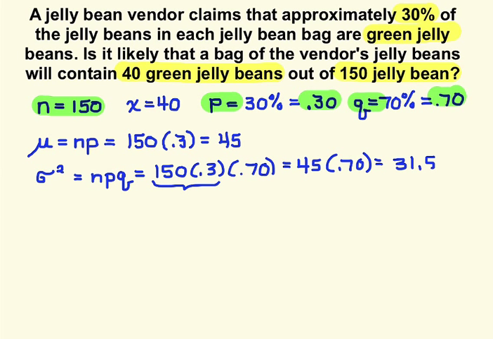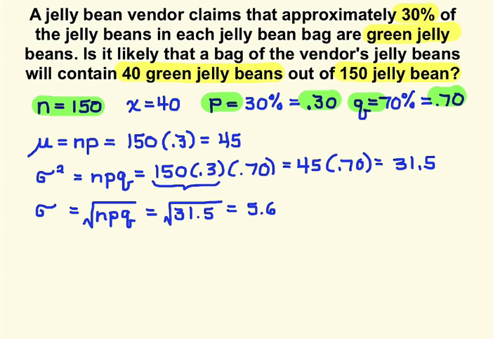Okay, that's the variance, and I want the standard deviation. Well, the standard deviation is the square root of the variance, which is the square root of 31.5. Let's use the calculator again, and I get 5.6. So my standard deviation is 5.6.